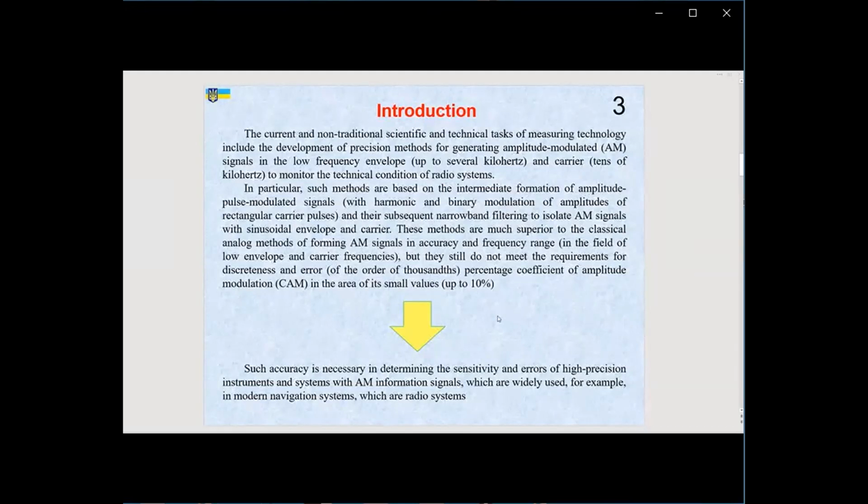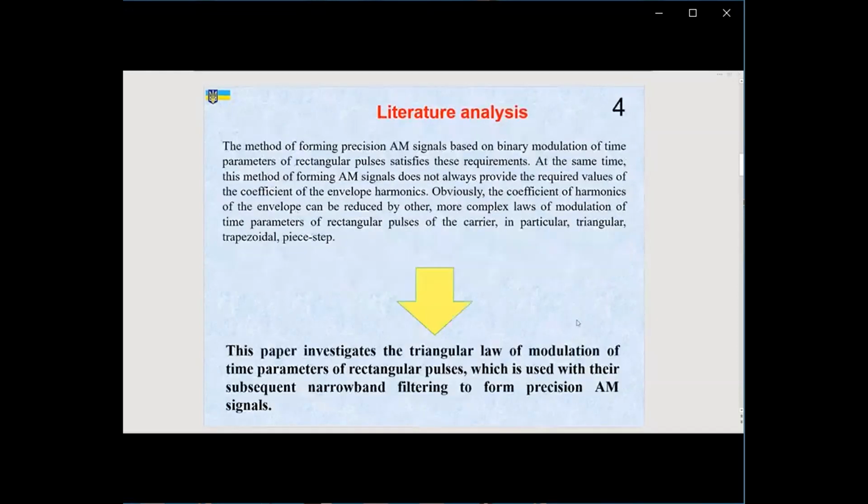Such accuracy is necessary in the development of sensitive, high precision instruments and systems with AM information signals, which are widely used, for example, in modern radio navigation systems. The method for forming precision AM signals based on binary modulation of time parameters of rectangular pulses satisfies this requirement. At the same time, this method of forming an AM signal does not allow providing the required values of the coefficient of envelope harmonics.